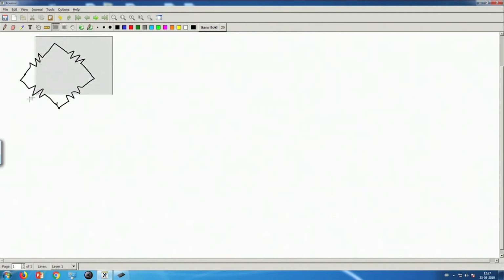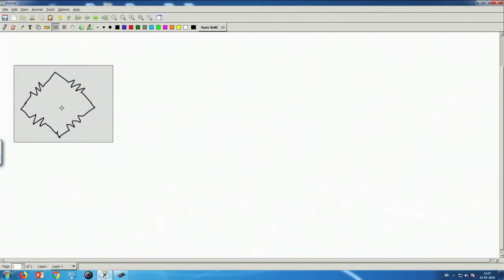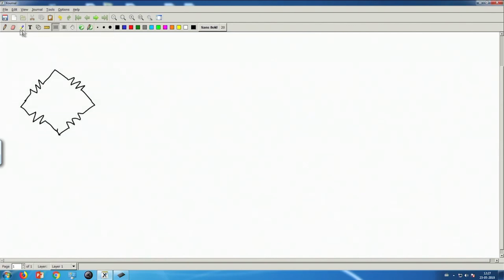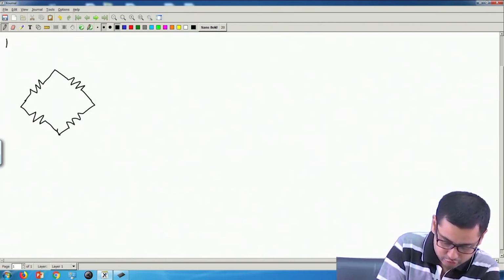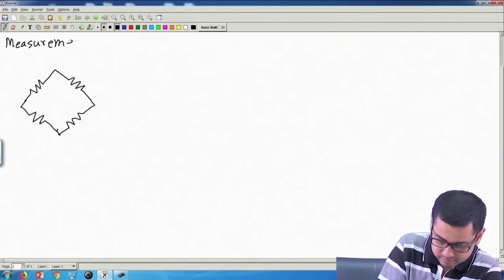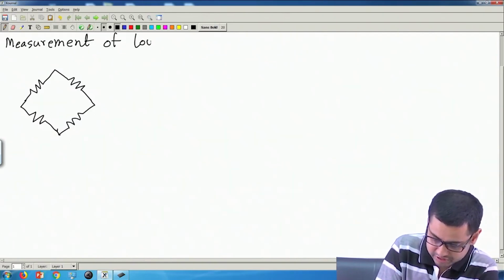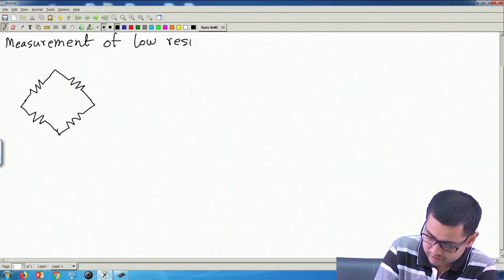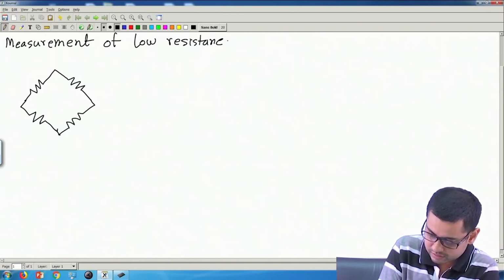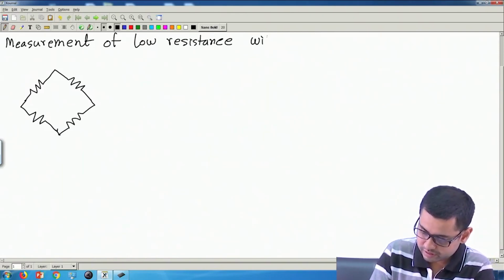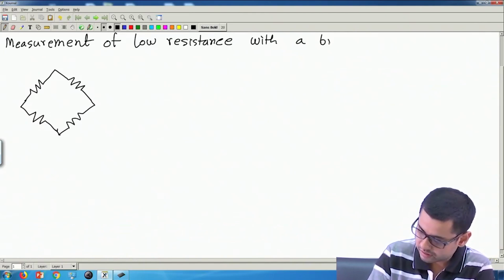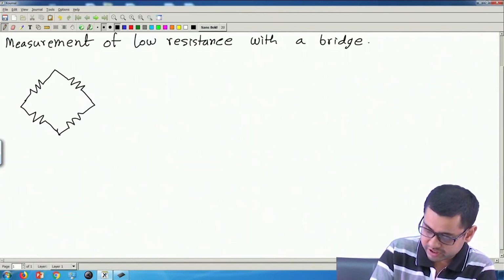So, the title is measurement of low resistance with a bridge. We shall first see the Wheatstone bridge.